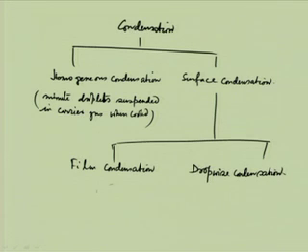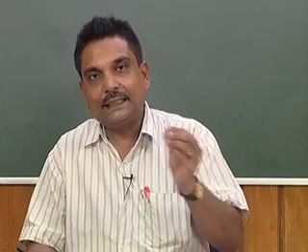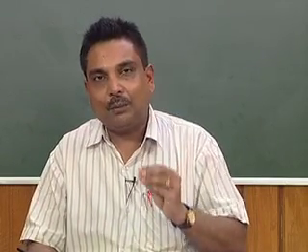The difference between these two is this. In film condensation, there is a surface, and when the vapor comes into contact with the cold surface, it makes a film over the whole surface. So, the condensate comes out in the form of a film over the surface.